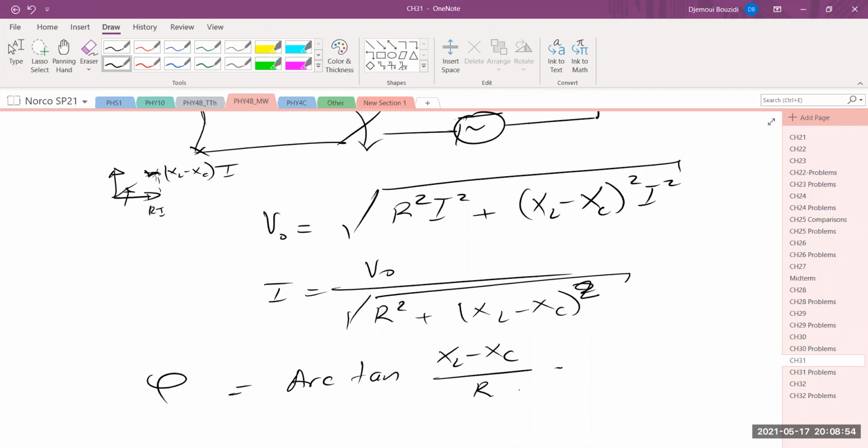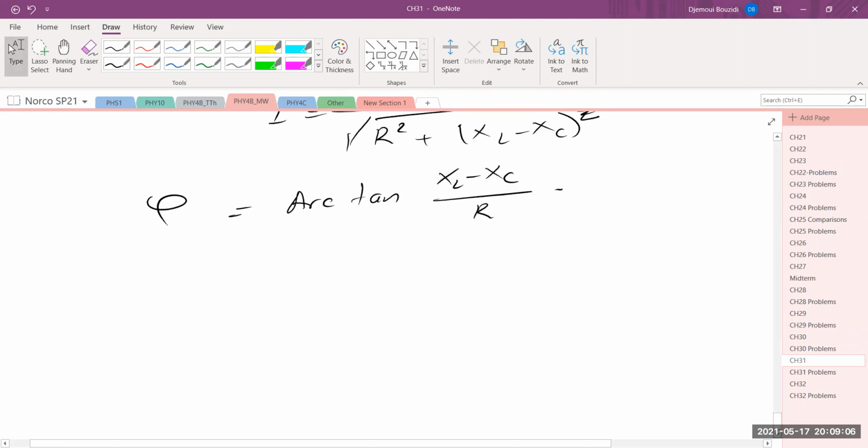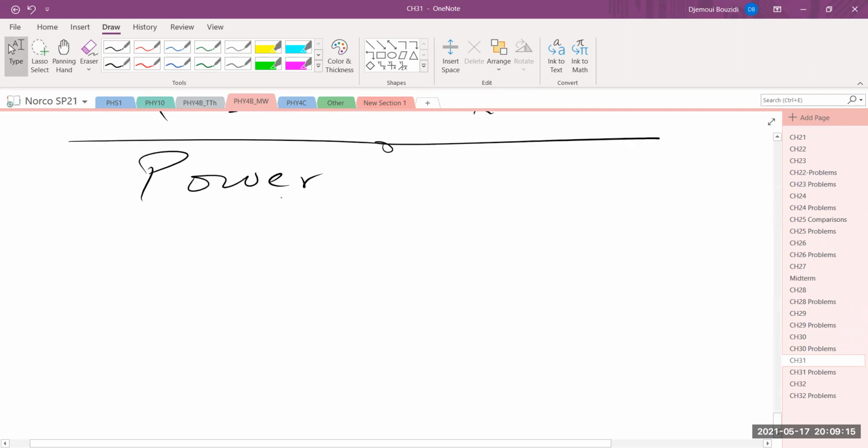There is one question here which is very important, and that is the power. Once we answer the power, we're going to be in business, okay? Here is the deal, power. So we have a circuit that has some signal, okay?